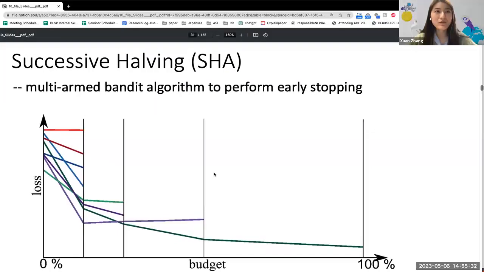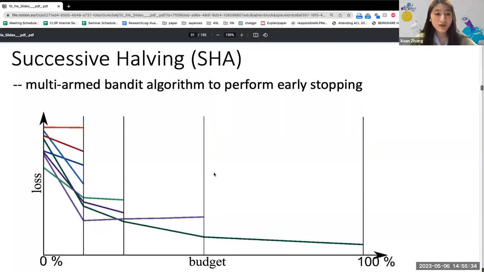One example of multi-fidelity methods is successive halving. It's a prime example, and the concept is pretty straightforward. It assumes that all configurations can be stopped early and aims to allocate the most resources to the most promising configurations.